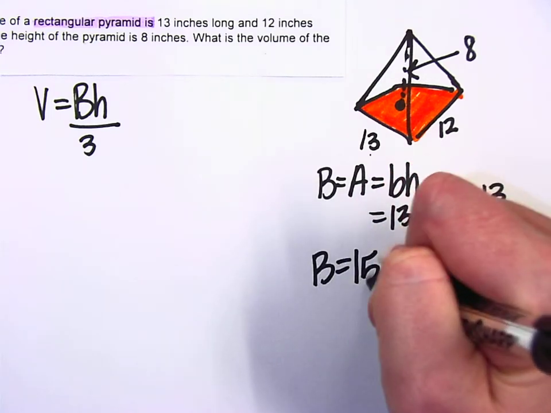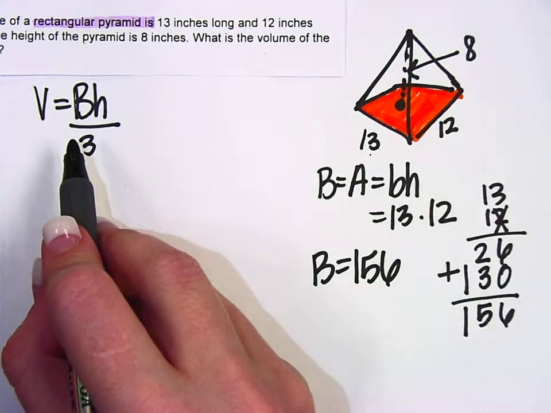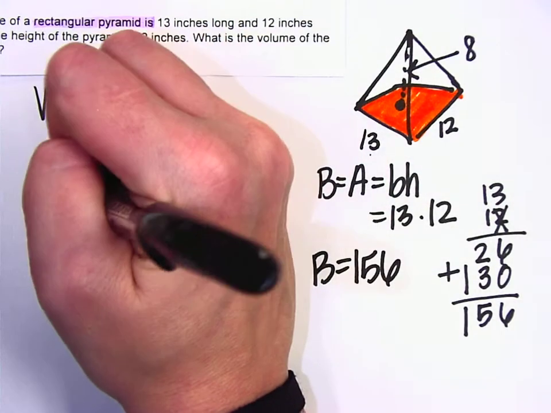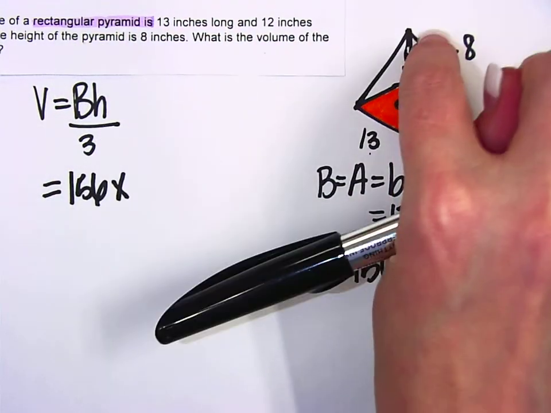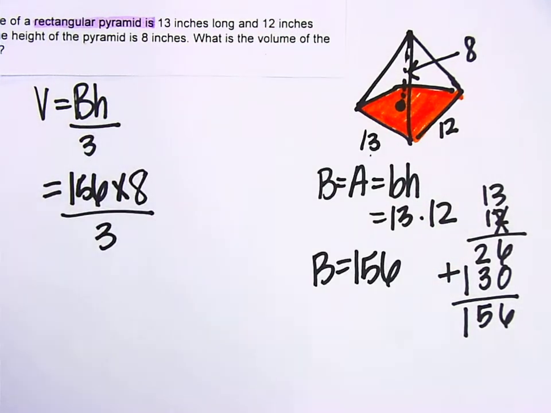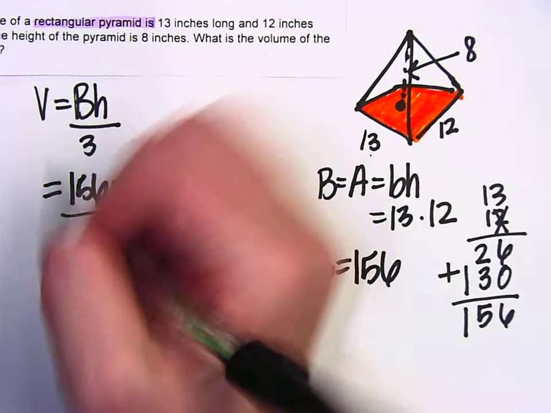Now that I have big B, I can plug it into this formula. So I have big B, which is 156, times h, which is my height, divided by 3. Now you just want to follow order of operations and simplify.